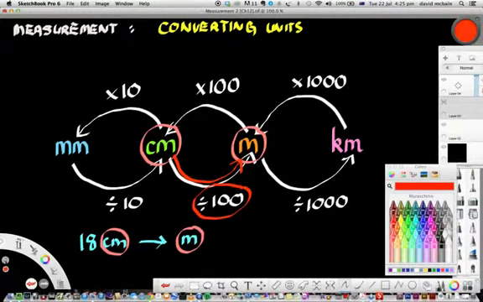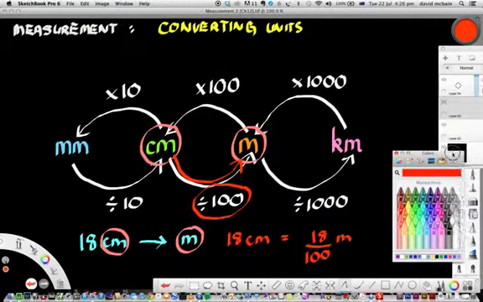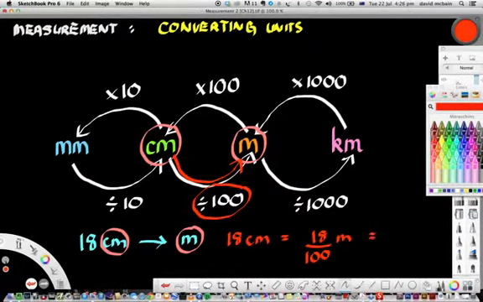So to convert 18 centimeters into meters, I need to divide by 100. So 18 centimeters is equal to 18 divided by 100 meters. And 18 divided by 100 is equal to 0.18.